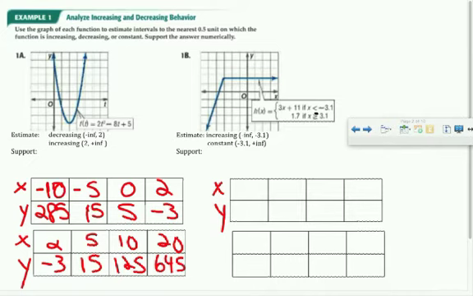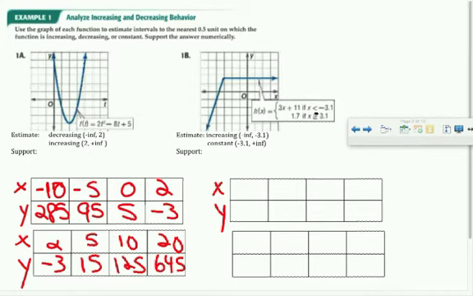And, oh no, I just accidentally erased the 9 there. Okay, so that makes more sense. So even though I had a little hiccup there, I still supported what I saw visually, that my function values are decreasing from negative infinity to 2 and increasing from 2 to positive infinity.